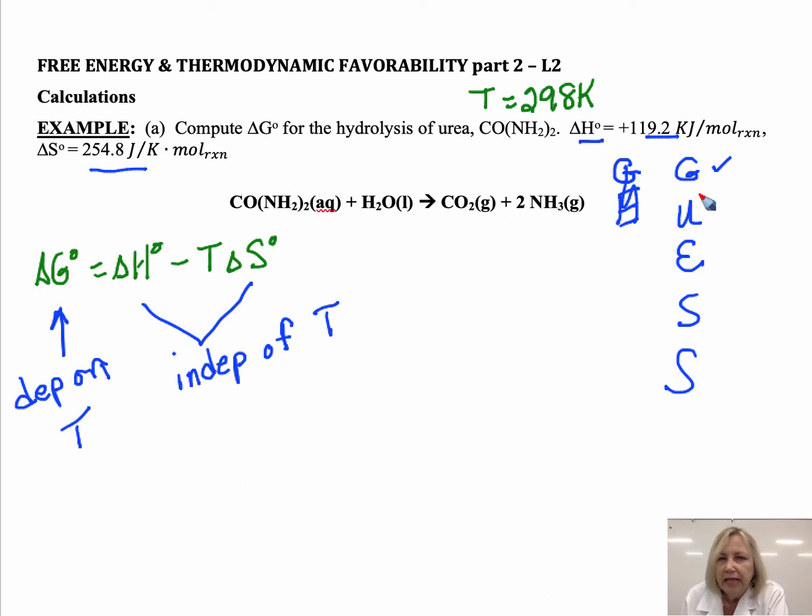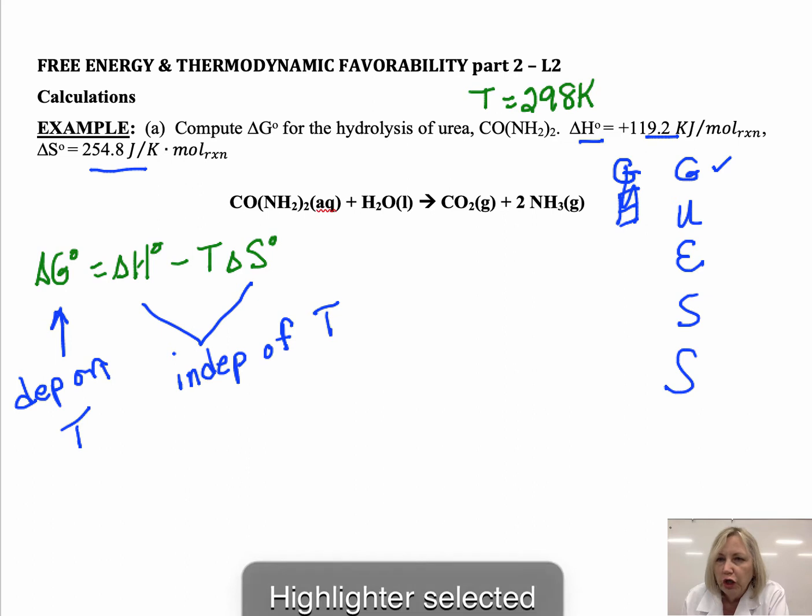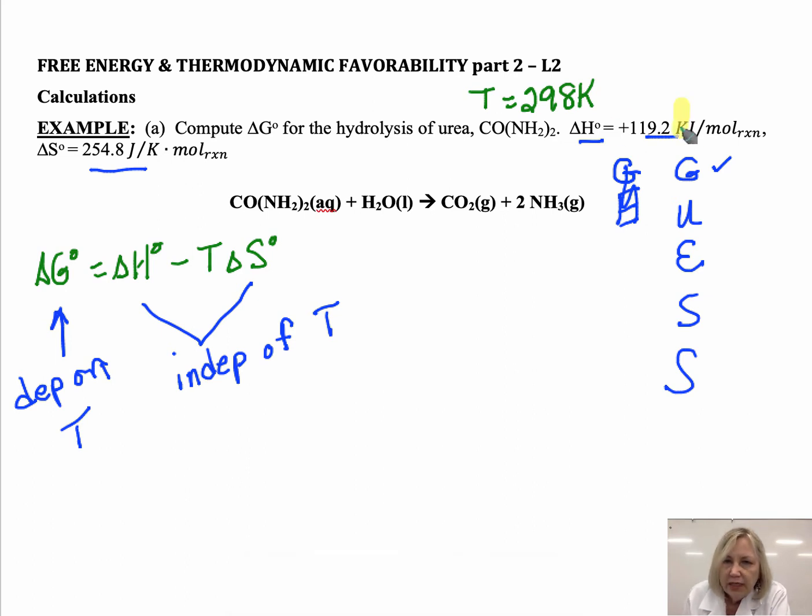Sometimes I'll label my givens within the context of the questions. But for sure, we've got to check those units. Notice that we've got kilojoules for delta H and joules for delta S. You're going to have to do some level of converting so that your units are the same.